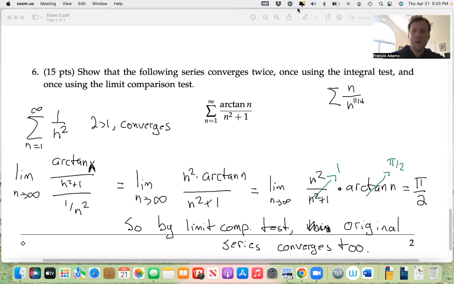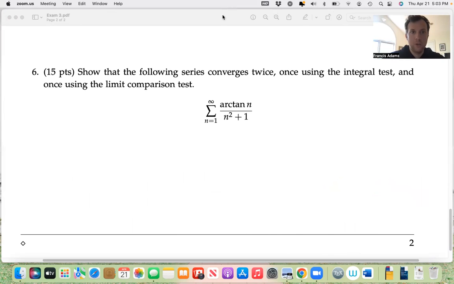Okay. And as the last part, for the integral test, I'll leave it as a check that if it doesn't happen, it's not the main thrust of the problem, but this is positive, continuous, and the hard one is decreasing.